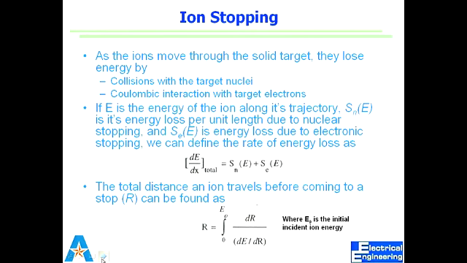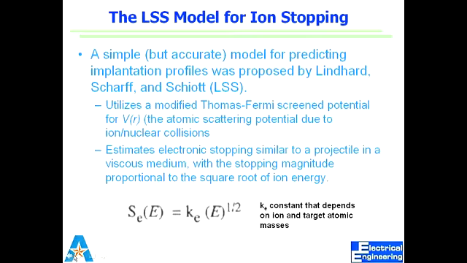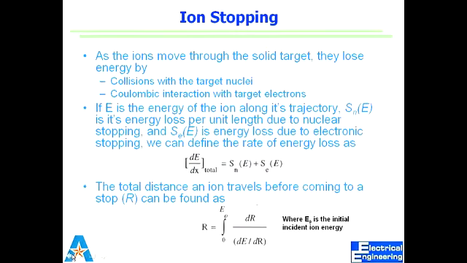If I lose much more to the nucleus, they're going to arrest me much sooner, much shallower. So, E naught is the initial incident ion energy. If I have more to contribute, I'll travel more. If I have less, I'll travel less. But then again, the mechanism of energy loss will define how far I go, right?